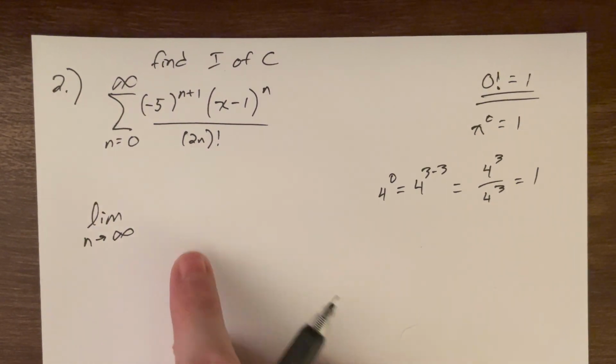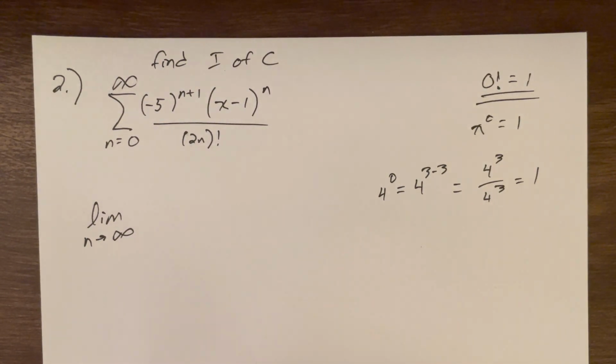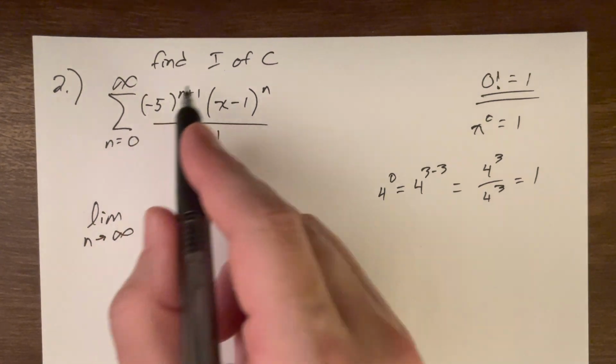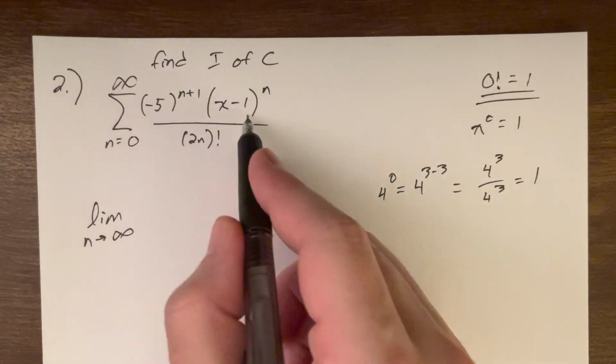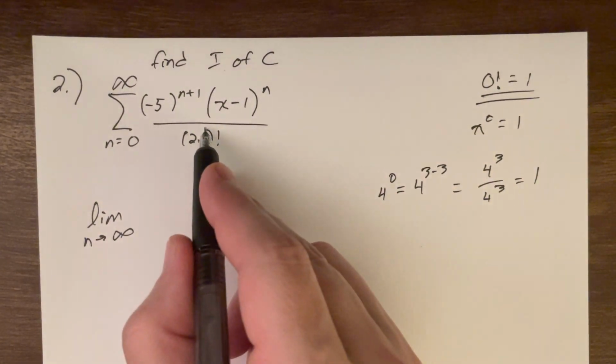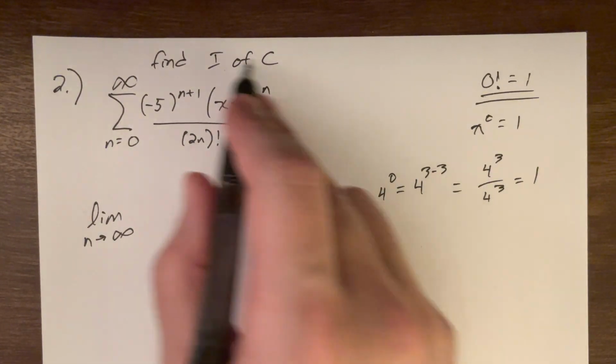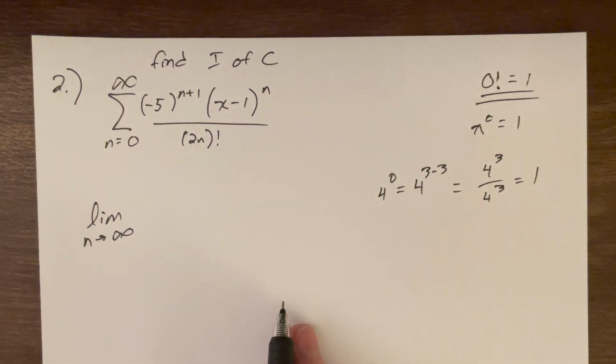I'm just going to go just a hair faster this time. And as I always say, I'm not trying to rush you. I'm just trying to point out that with practice, you can go a little bit faster with your work. So literally, you'd have a big absolute value, minus 5 to the n plus 1, this to the n plus 1, 2 quantity n plus 1, quantity factorial, all divided by all of this, all in absolute value.